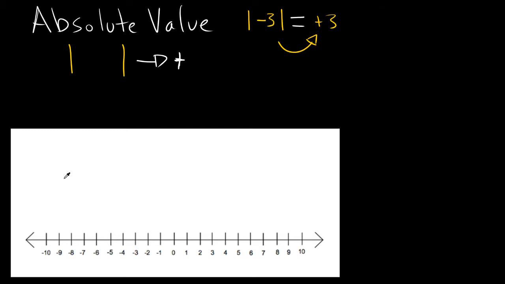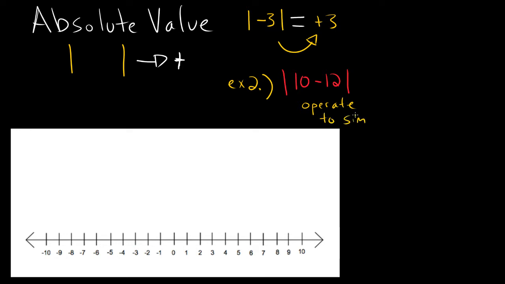So let's take a look at another example, we'll call it example 2. What if, for example, we had 10 minus 12, and we have this in an absolute value. What we have to do is first operate to simplify.